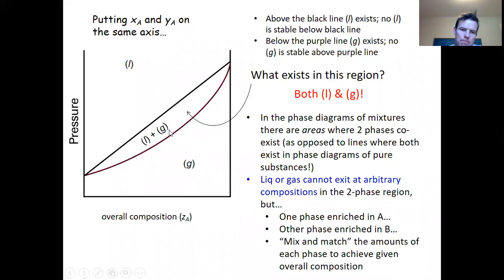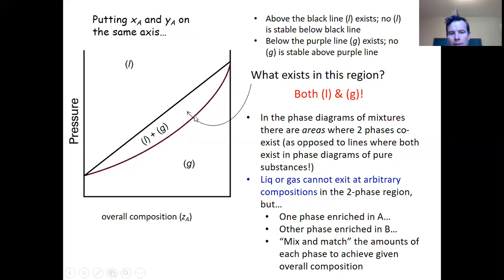These boundaries defined the compositions of the system. And so if I'm at some area in the two-phase region, I cannot necessarily have a liquid or a gas that exists at a particular composition.